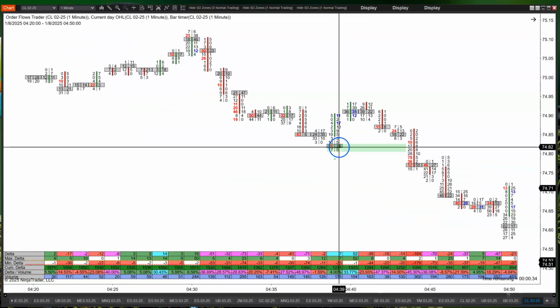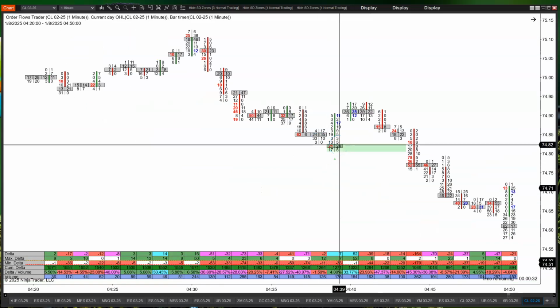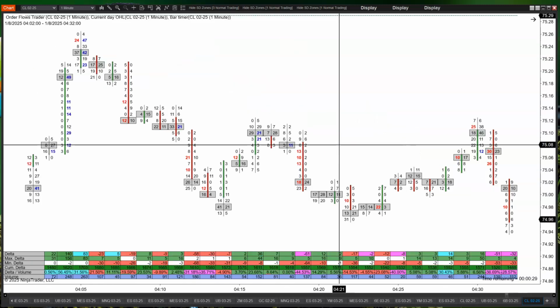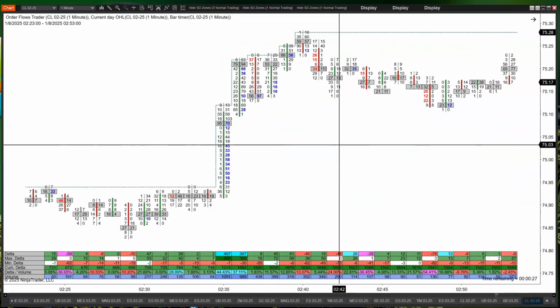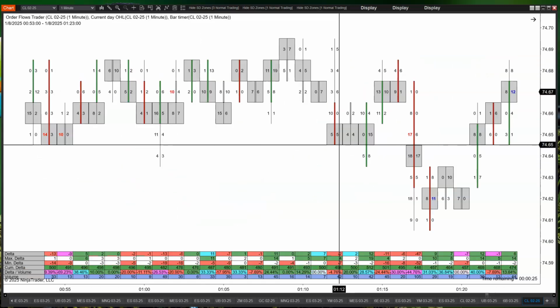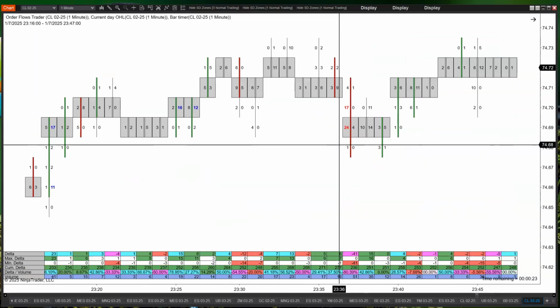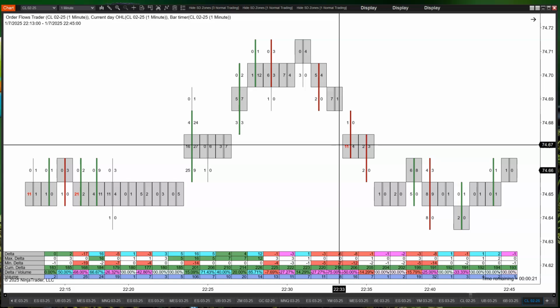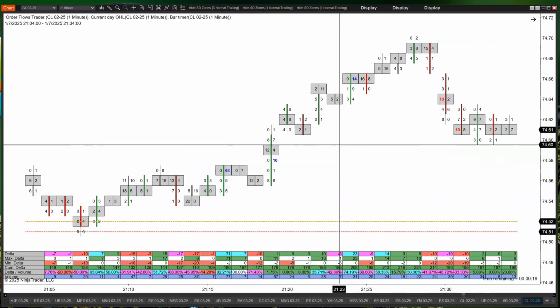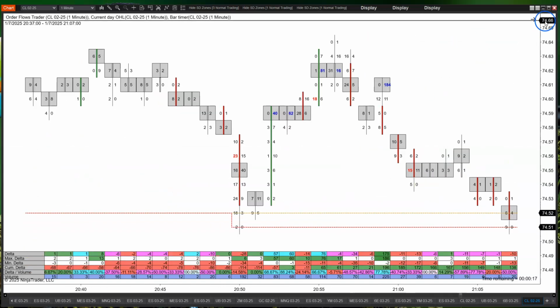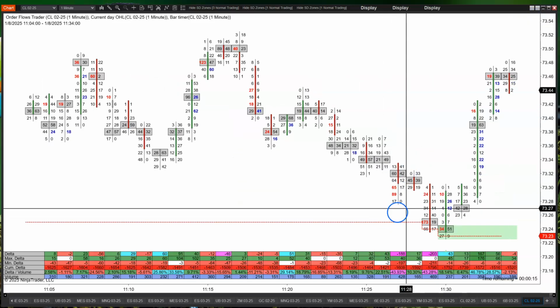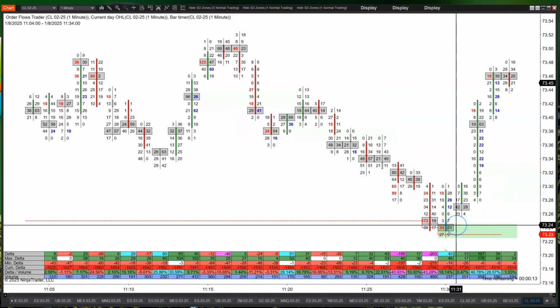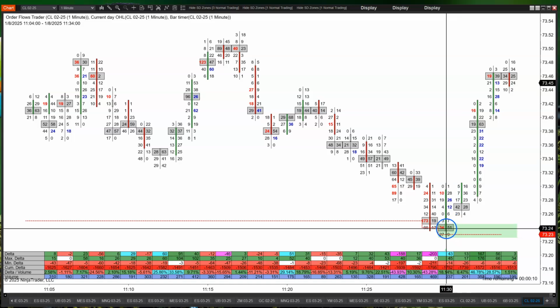Okay, there's one. Yeah, it just didn't work out that great. But I mean, that's how it is sometimes, right? But ideally, you want to find them at swing highs or swing lows as opposed to just anywhere on your chart. Okay. And yeah, I don't need to go back so far. But you can see how this one is playing out right now as this video is being recorded.